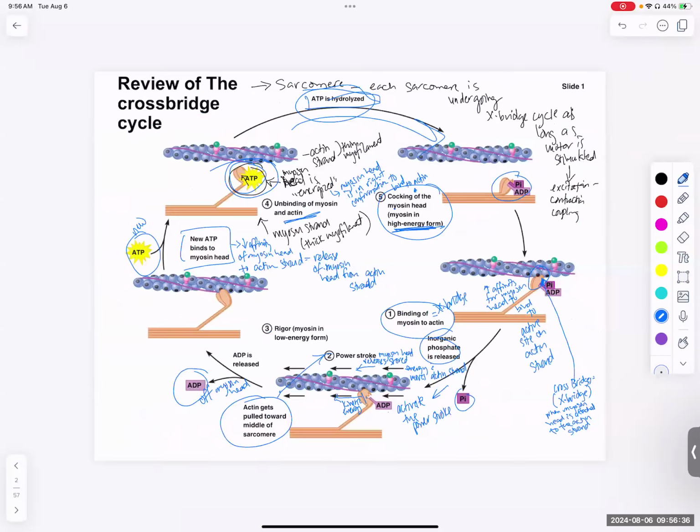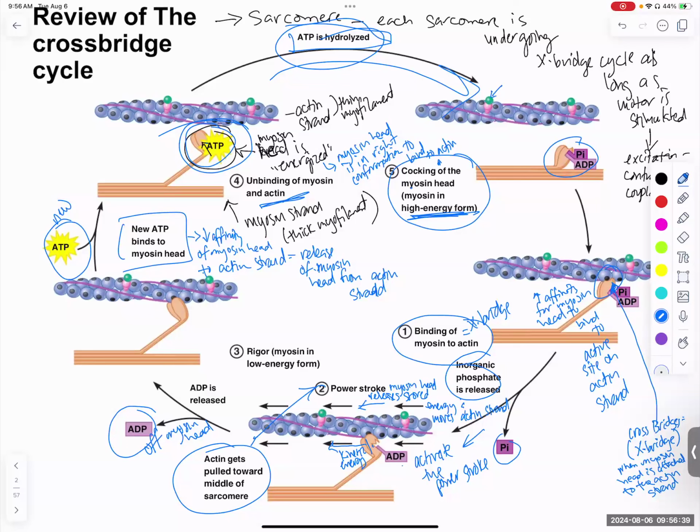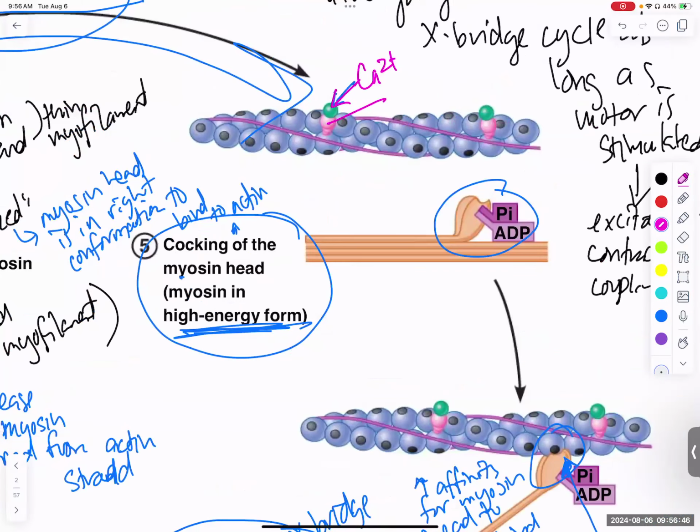Another thing I want to mention is these little green molecules right here. These green molecules are calcium. And if calcium is bound to the molecule troponin, then this strand here called tropomyosin rolls off the active sites of the myosin heads.